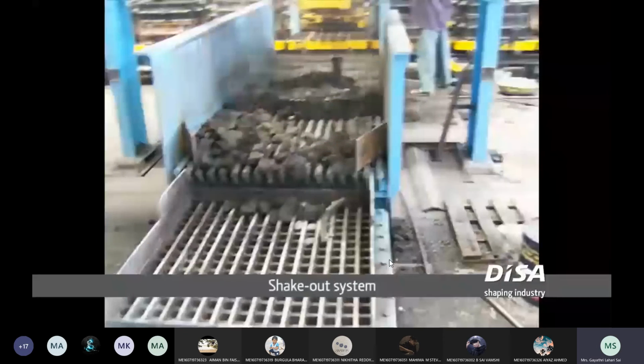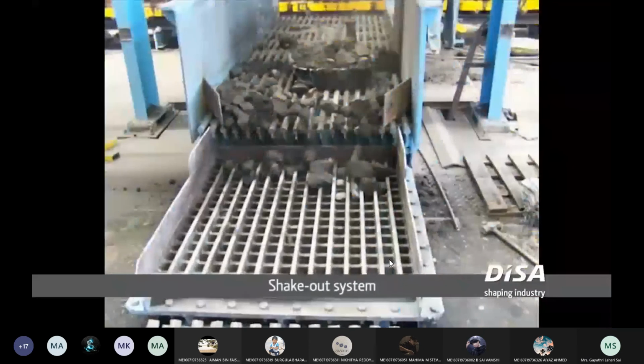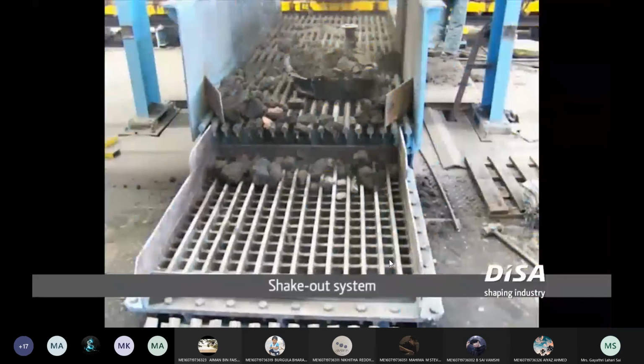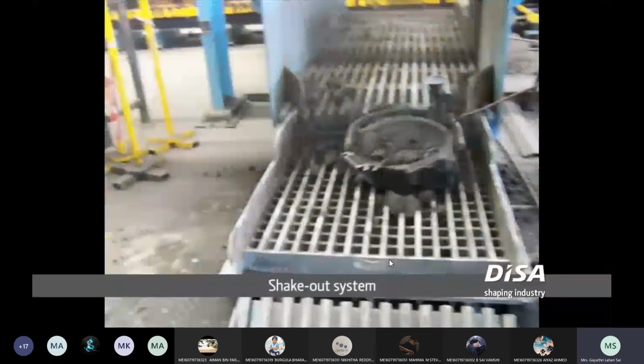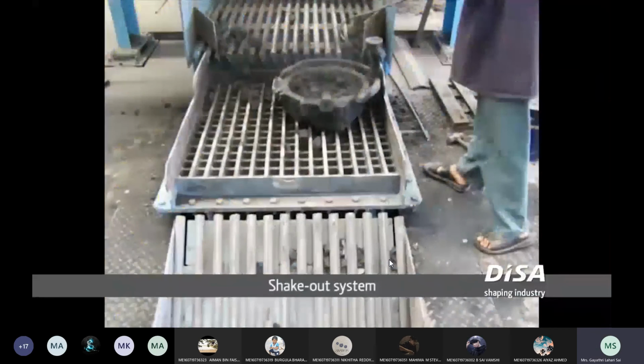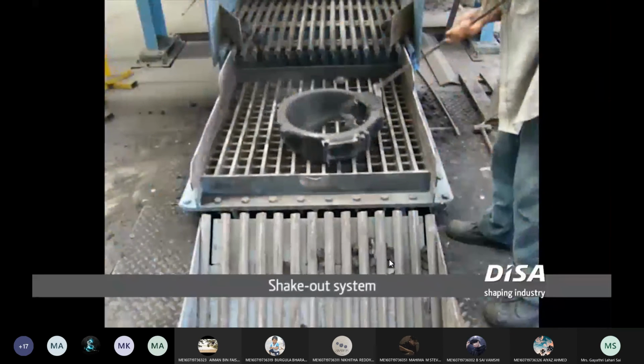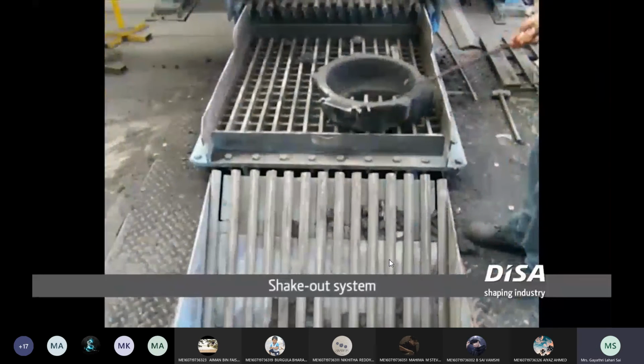See how they are reusing the system sand. These are vibrators. Right? So they are removing the component and they will filter the sand.